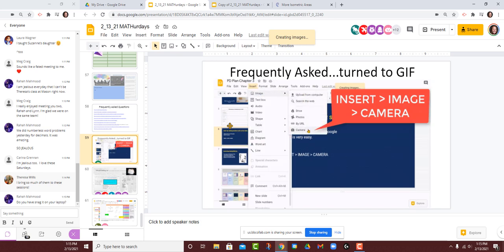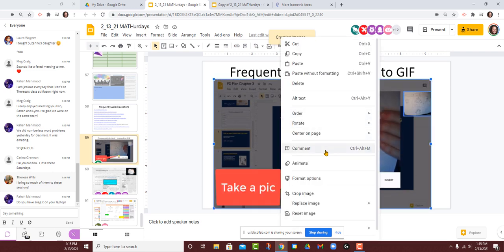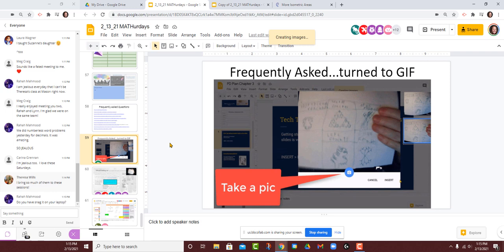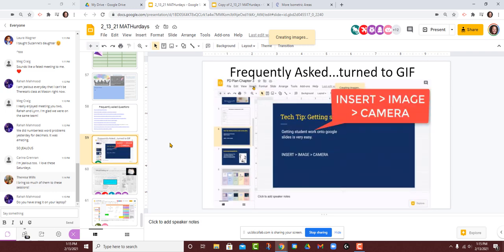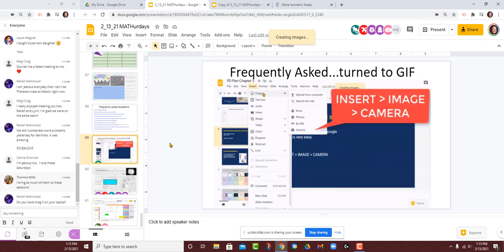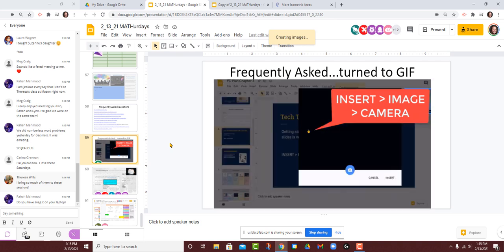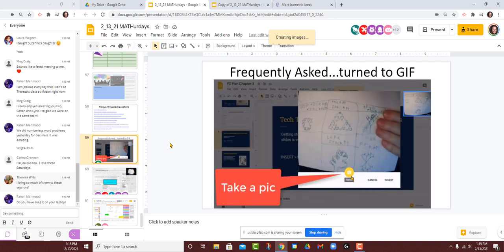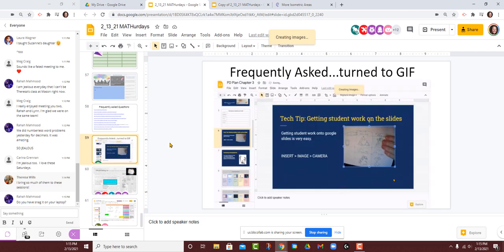So Raha, all I do is just right click it and do copy and paste slide 59. I see. So it's a slide showing how you can have students share their work into a slide, but not how to create that and then turn it into a GIF. Right.